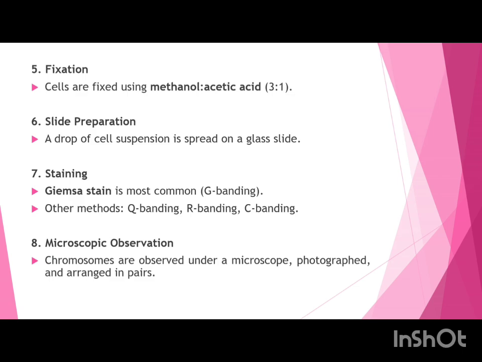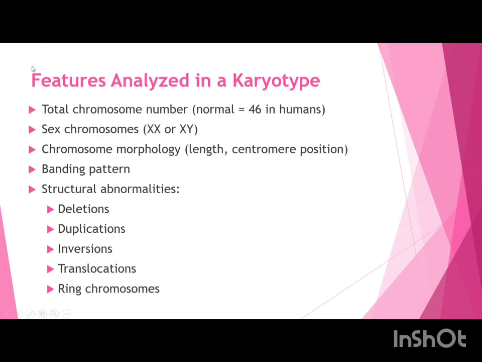If you normally want, you can go for G banding. After this staining, we can observe the slide under a microscope and then take a photograph. After taking a photograph, all the chromosomes have to be arranged in pairs and then we get the karyotype.